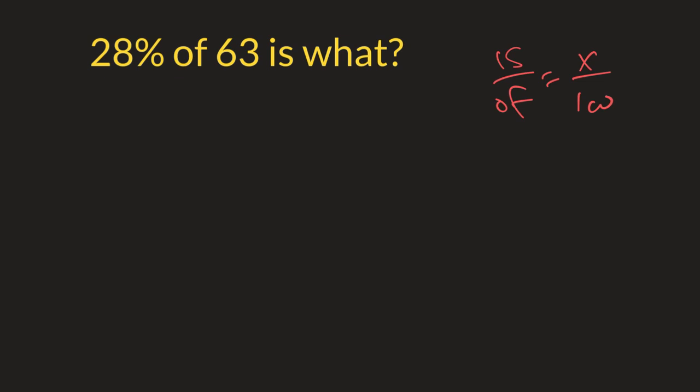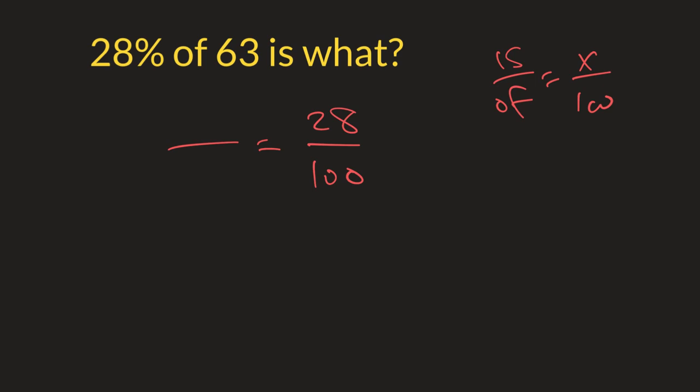Did they give us a percentage? Yes, they did. So what we're going to do is put that 28 over the 100. Take care of your percentage first. If they did give us a percentage, put that number over the 100. If they didn't, we're going to leave the x over the 100. But that's the place to start. It's just a good, consistent place to start.